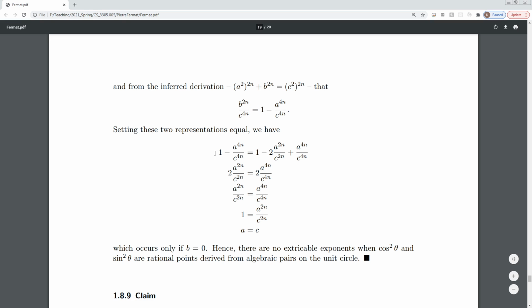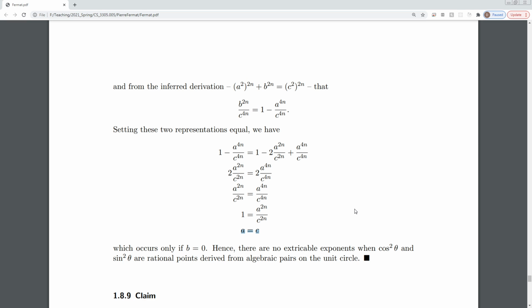So we set the two sides equal, the ones cancel out, this moves to the left, this moves to the right, and then the 2's cancel out, we move this to the right, and it reduces the exponent, and so we see that this only has some exponent, presumably, that you could extract when a is equal to c, and that's only the case when b equals 0, and so that again would not be considered to be a triangle, right?